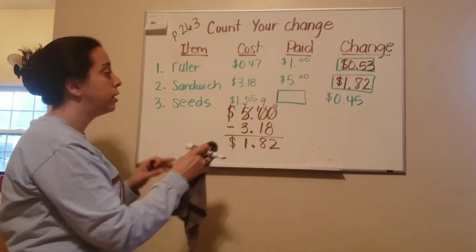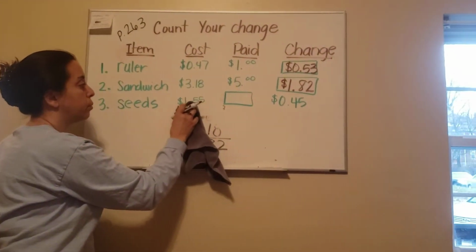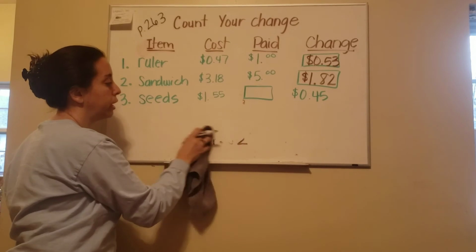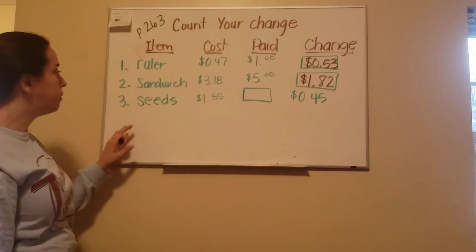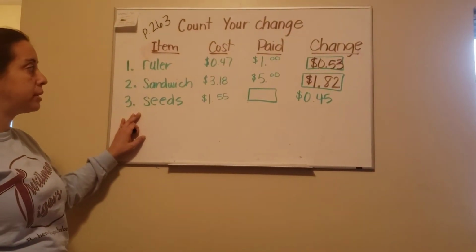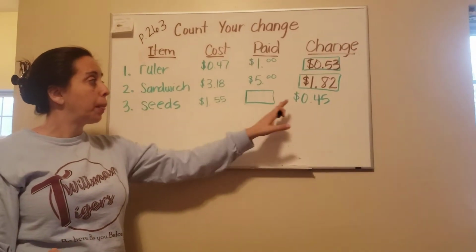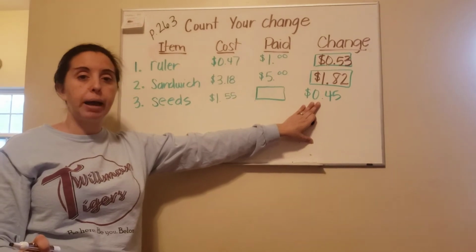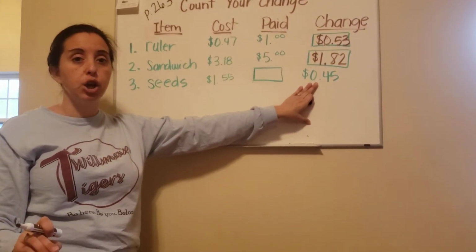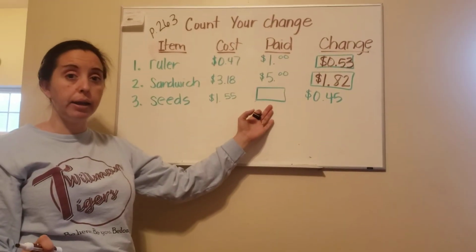But what if they leave out one of the other numbers, like they did for number 3? What if number 3 says you bought seeds, they cost $1.55, and the change you got back was 45 cents, but you don't know how much you paid.